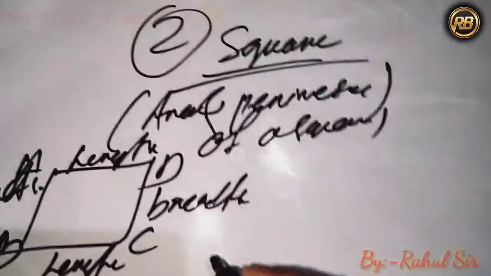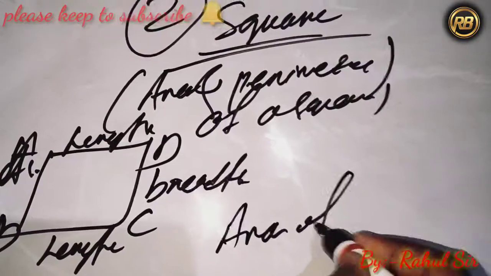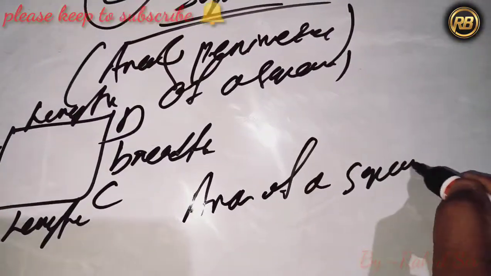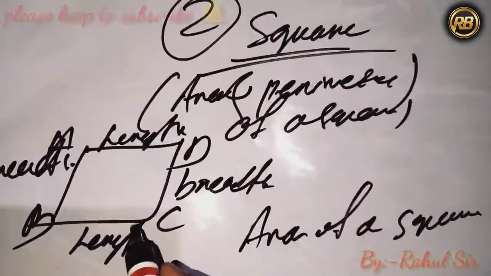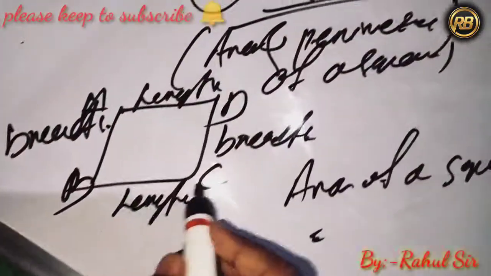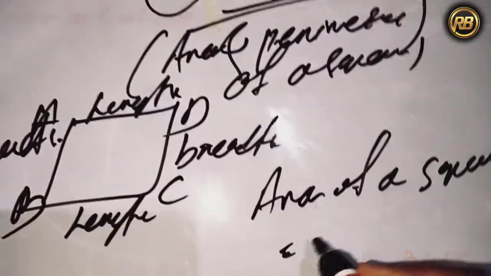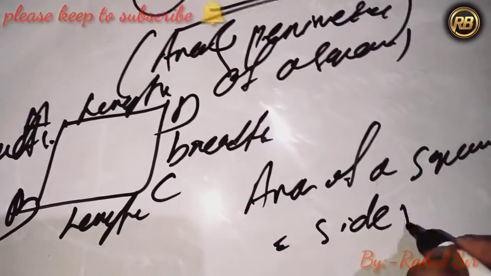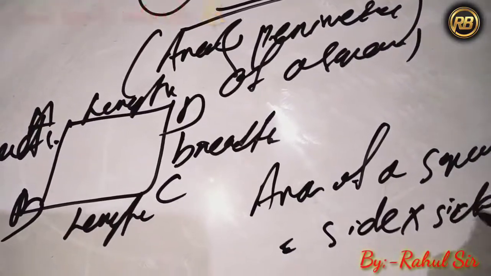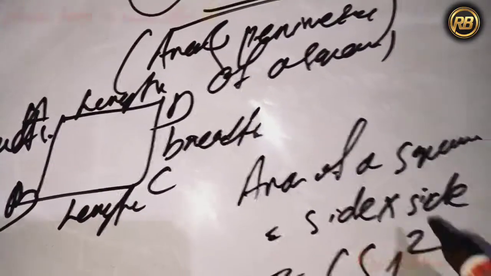Now we can find the area of a square. The area of a square is equal to side times side, which is S squared.